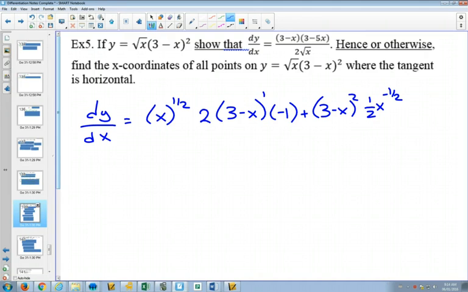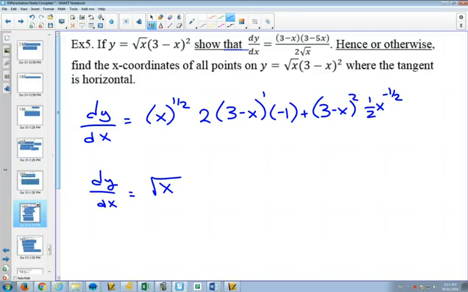Now, looking at what we want, we're going to want to have a square root on the bottom of our fraction. So the next thing I'm going to do, and I look at the top of my fraction, I notice there are no square roots listed at all. So what I'm going to do is take my equation and write x to the 1/2 back as a square root.